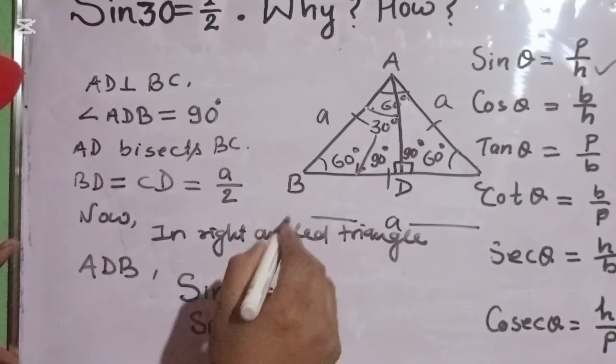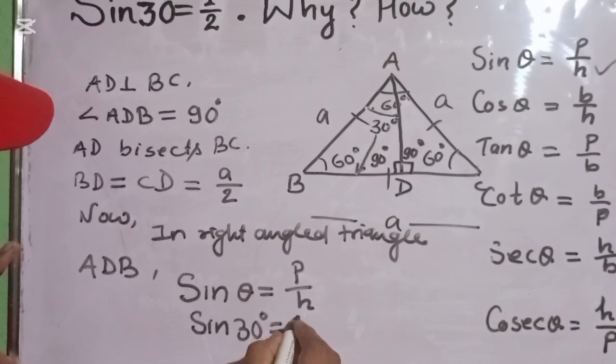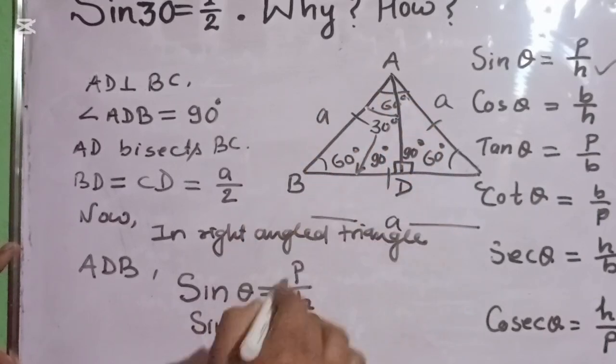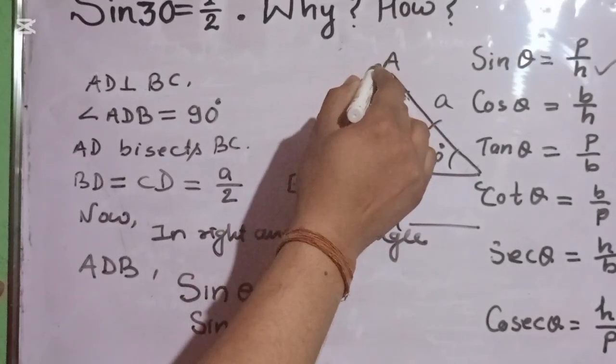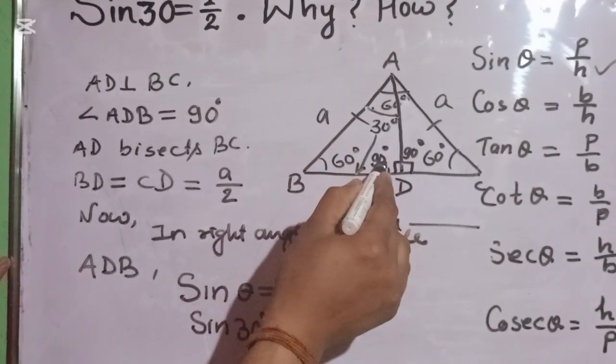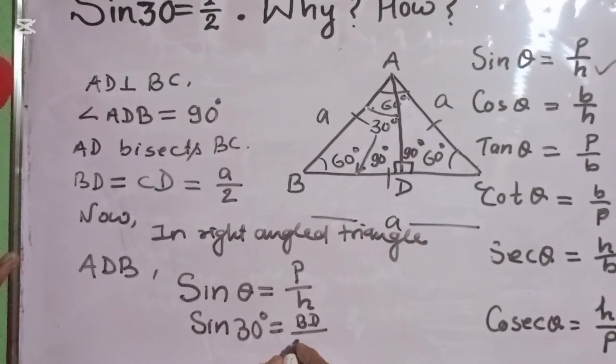Then perpendicular is BD, and hypotenuse is the side opposite the 90 degree, that is AB.